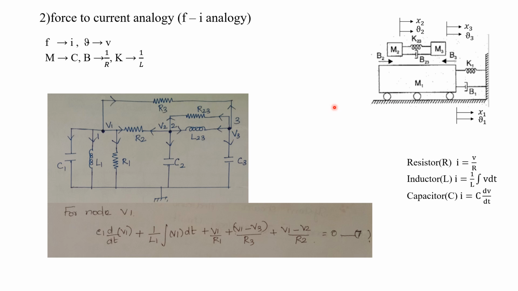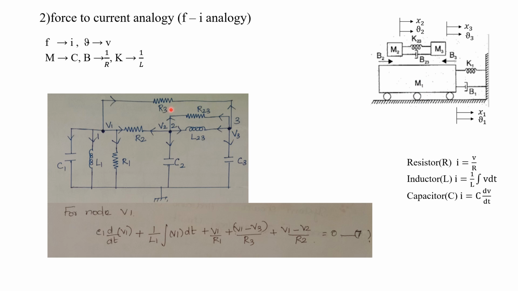Understood? Now, in between M1 as well as M3, we have B3. B corresponds to R, isn't it? So in between 1 and 3, we have the resistor R3. So these are all the different elements connected to this M1.